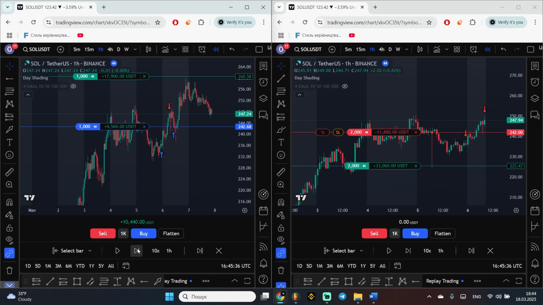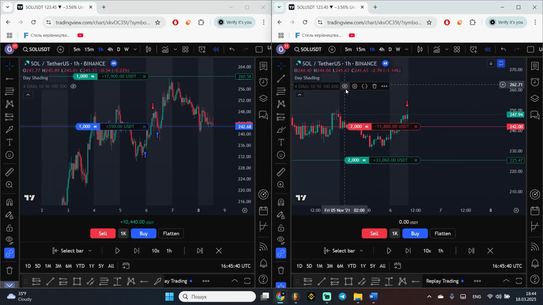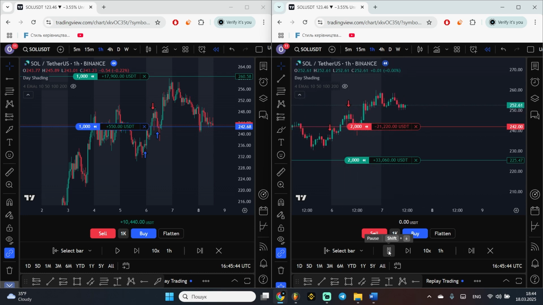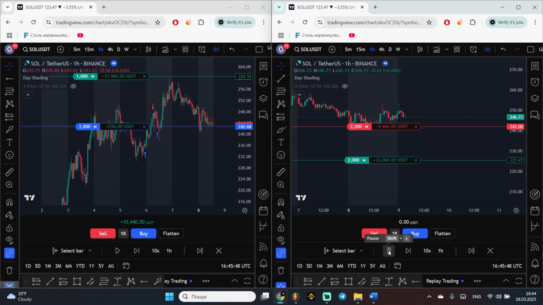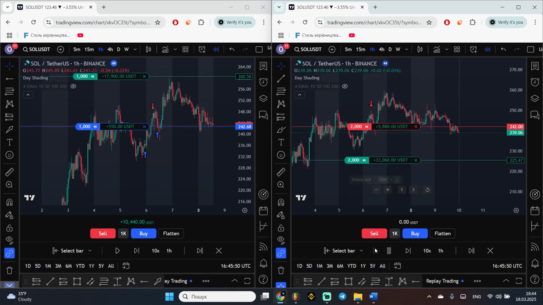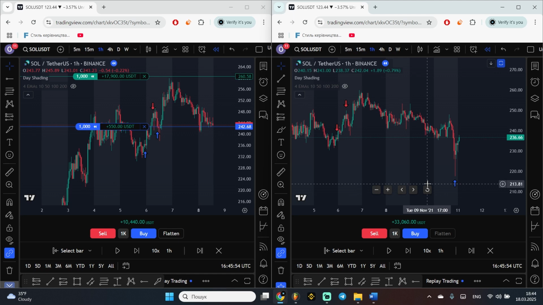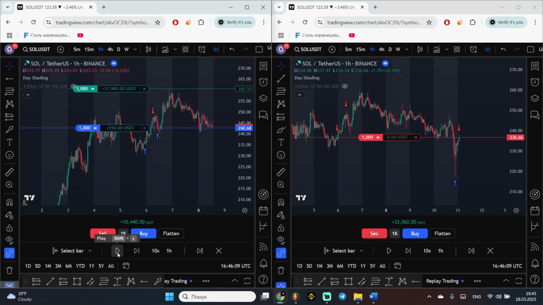Okay, it was not hit. Doesn't matter. Okay, the short was hit, and also we have a pullback, meaning we open another short, and now we wait to average the long.